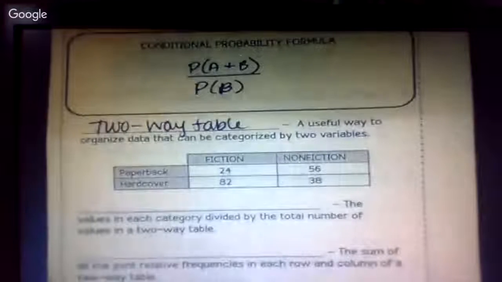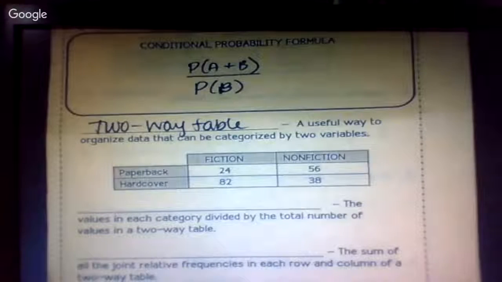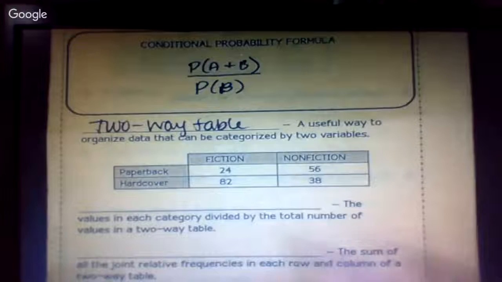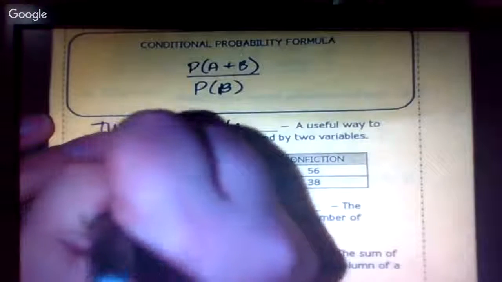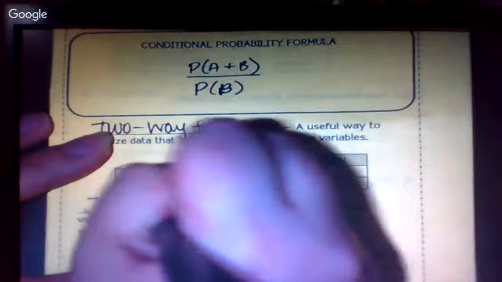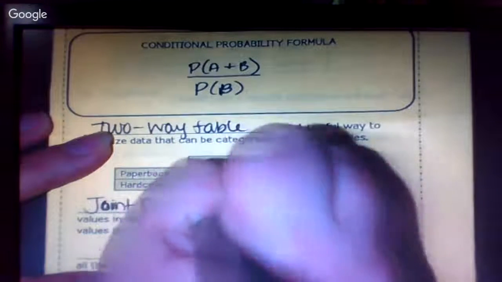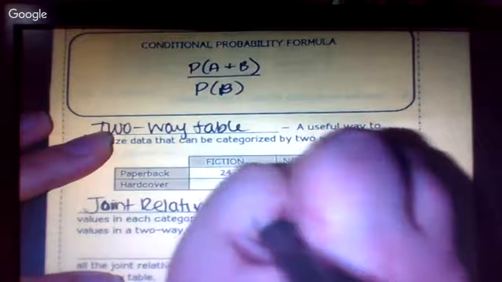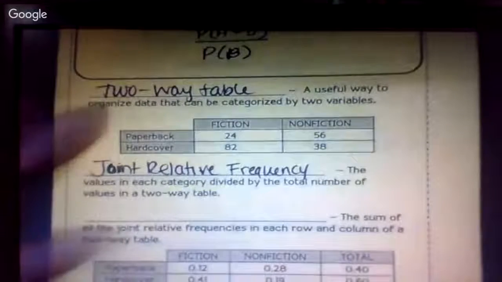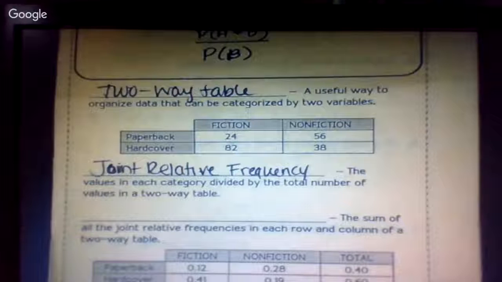We're going to talk a little bit about something called joint relative frequency. Joint relative frequency. And this is just the value in each category divided by the total number of values in a two-way table.